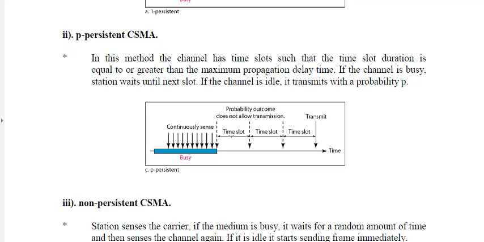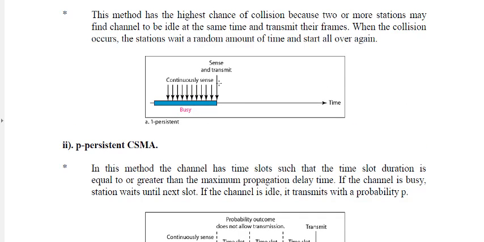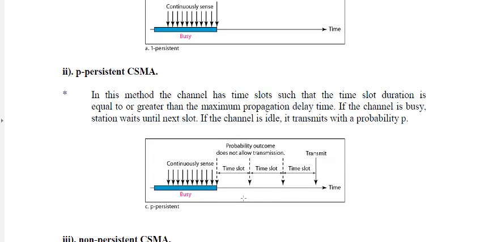Based on that, it waits for some time slot and then sends the packet. The reason is, as I told you, if 3 or 4 systems are observing the channel and the moment it is idle all 4 transfer a packet, that leads to collision. Since this one waits for a certain amount of time, in some cases it will be better than the one-persistent.